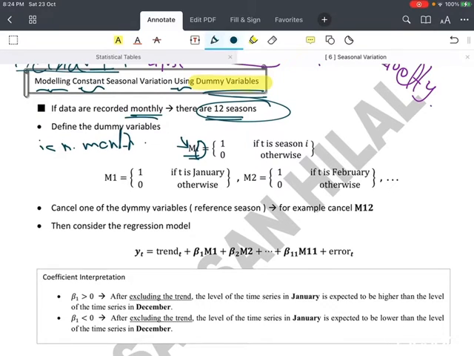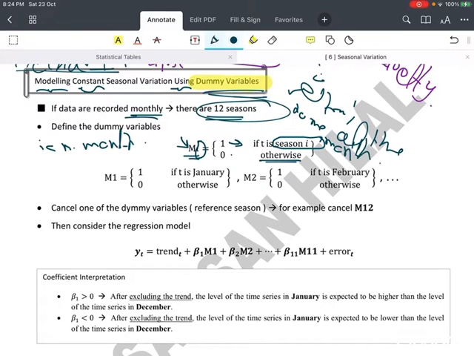If it is January, you will write 1. If it is February, you will write 2. If it is March, you will write 3, and so on. Then you will write 1 and 0. 0 you always write otherwise. But for the 1, you write if t is season i. This season i you replace with the name of the month.